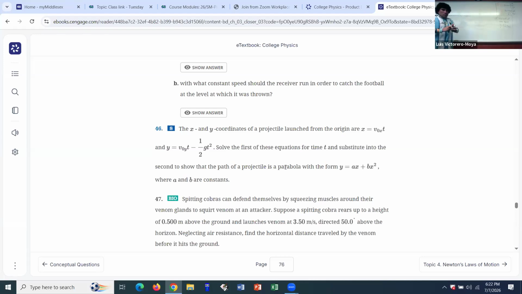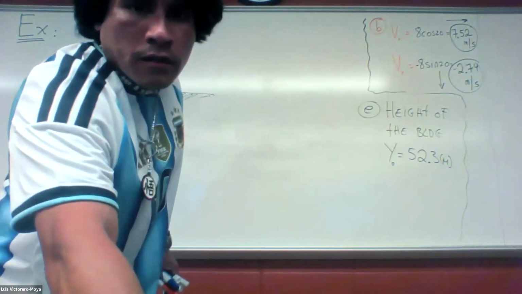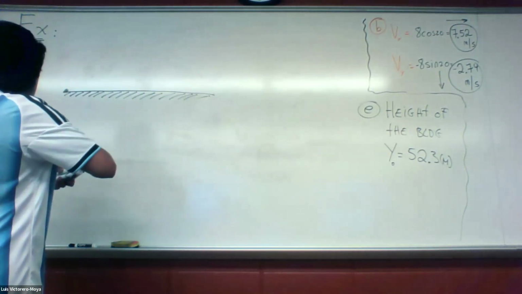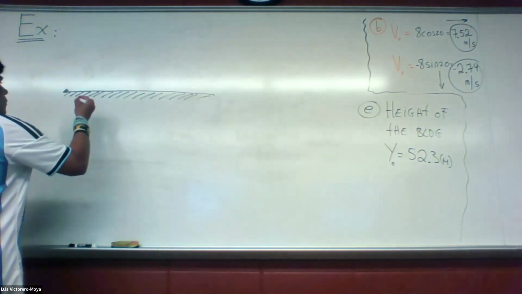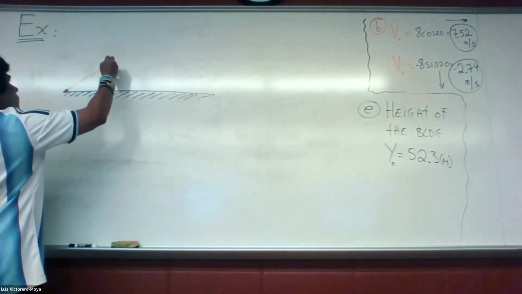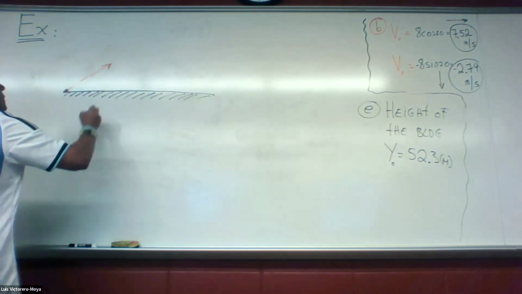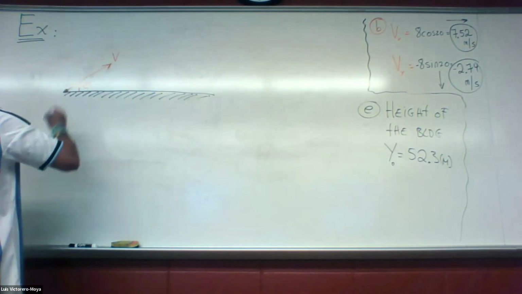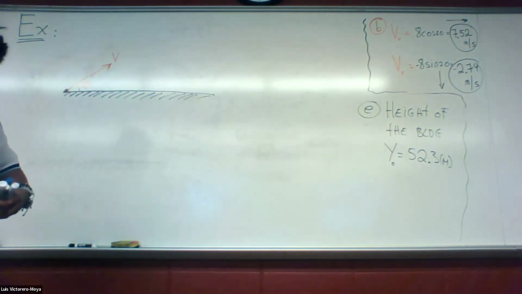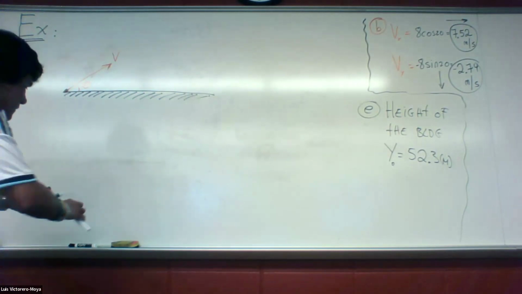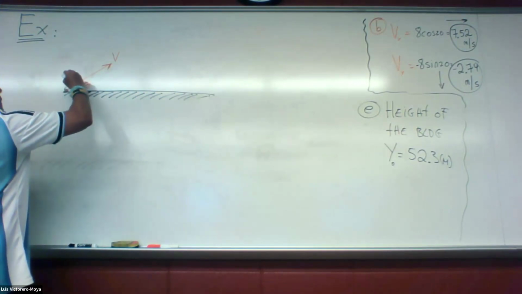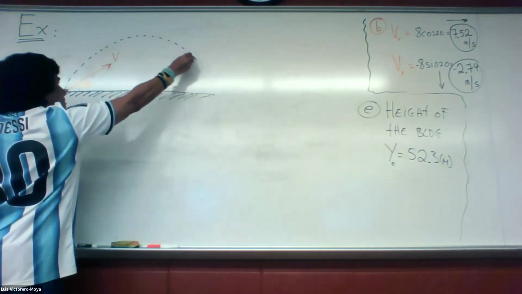That's V, that's the angle theta. And if I draw the trajectory of this mass, this is what I get.